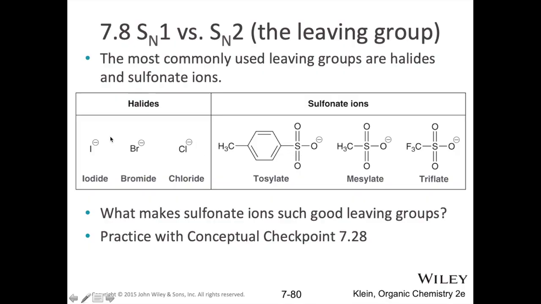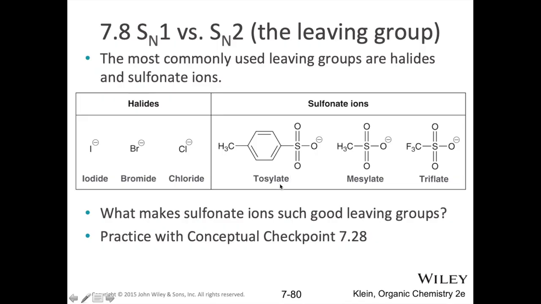In the case of iodide, bromide, and chloride, you've got these large, squishy, electronegative halogens, which are great at stabilizing that negative charge. In the case of sulfonate, it's actually resonance which helps. That negative charge is spread out between all of the oxygens attached to the sulfur through resonance, and that delocalization of the negative charge makes these pretty stable.